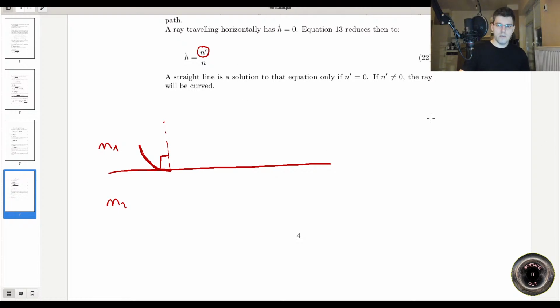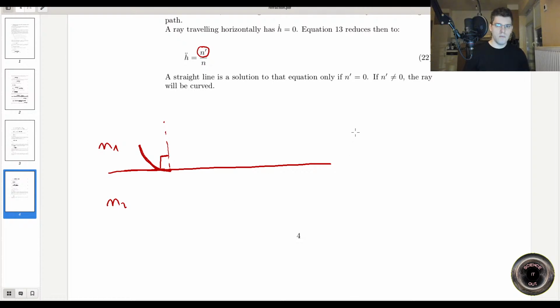Okay, anyway, my point here was that with this equation it's clear that some people try to argue from Snell's law that over a flat Earth, horizontal rays should travel horizontally all the way because they can just travel along the boundary between the layers. But Fermat's principle makes it clear that it isn't so. If there is a non-zero gradient of the index of refraction, then even a horizontal ray will be curved, and it will be curving the way the gradient is pointing, towards the growing index of refraction.